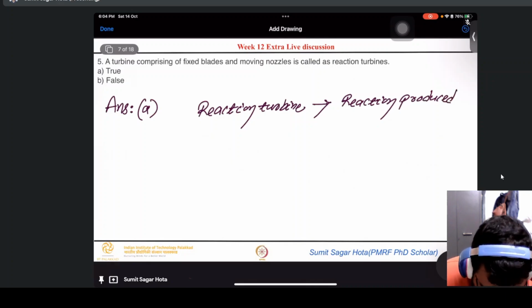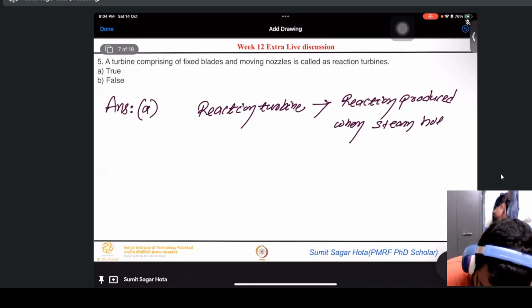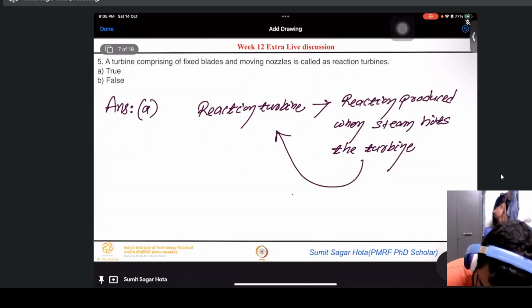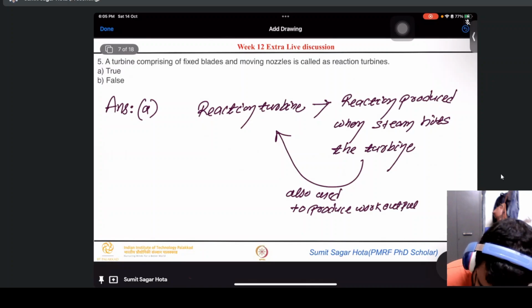The reaction is produced when steam hits the turbine, and it is also used to produce work output.